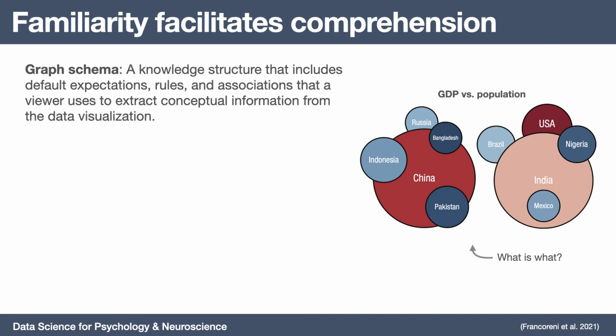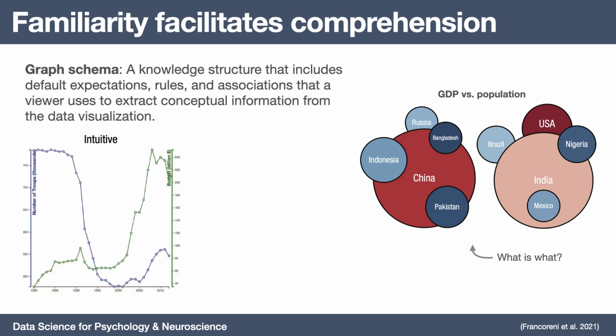Now, when you work with these graph schemas, when you try to rely on your viewer's priors, you can also, in some ways, overlook more effective ways of plotting information. So, for example, look at this time series plot on the left. Here I'm plotting two different values across time.